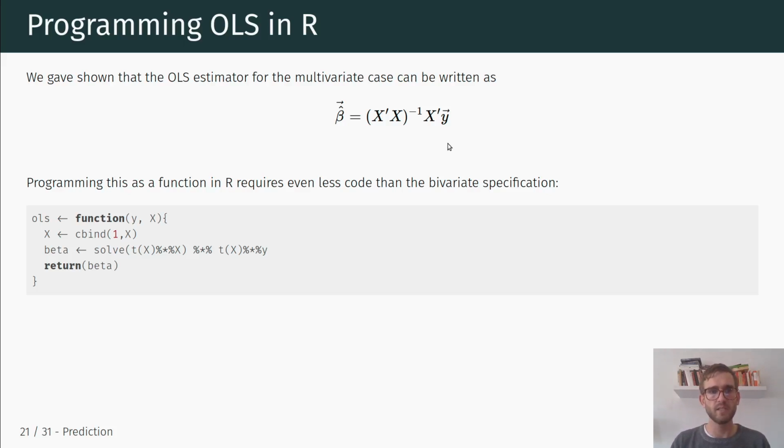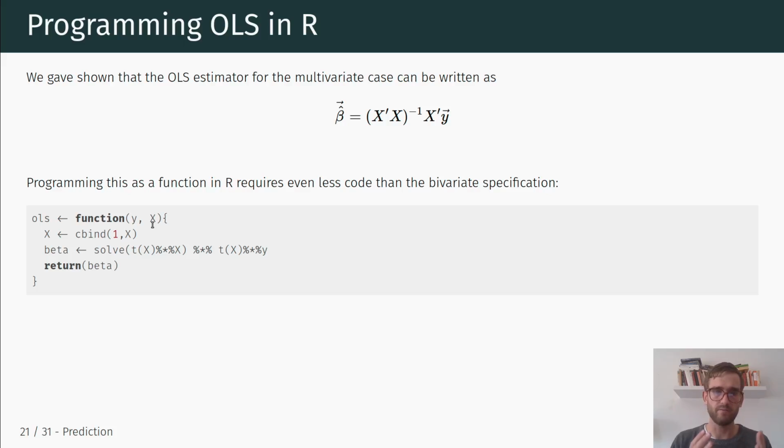And as you will see, this will require even less code than the bivariate specification that I showed you in the previous videos. We're going to call this function OLS. And this function will have two separate inputs. One is y, the vector of the dependent variable, and one is X. Note now that this is a capital X, which is a matrix of independent variables.